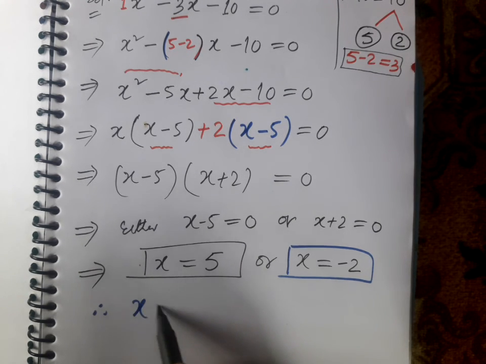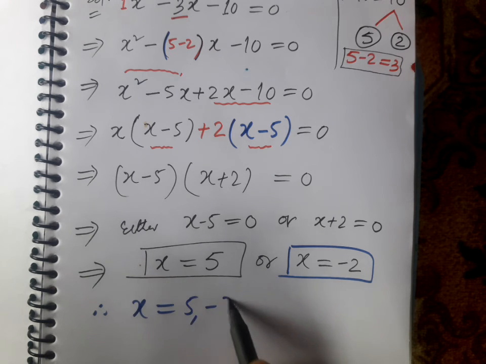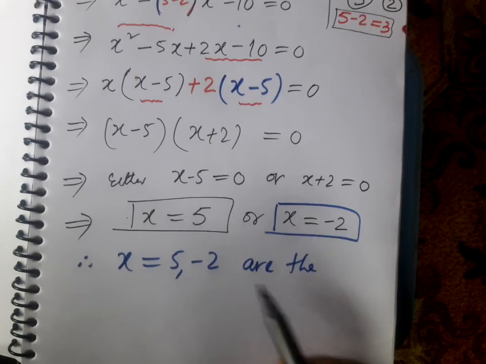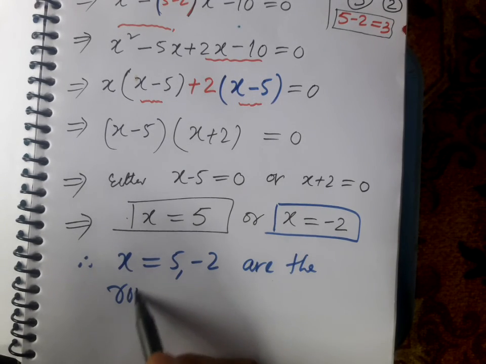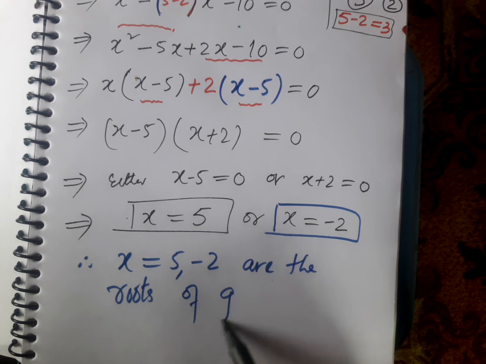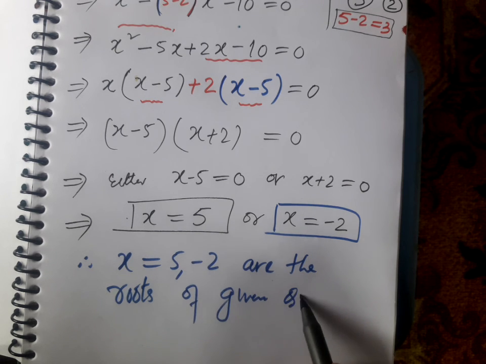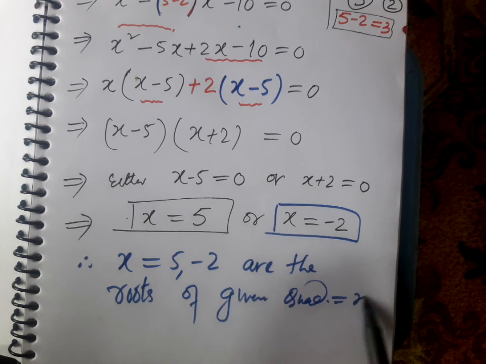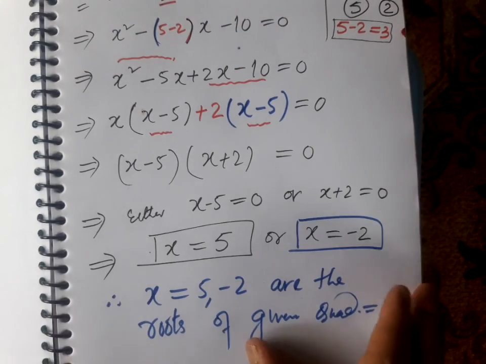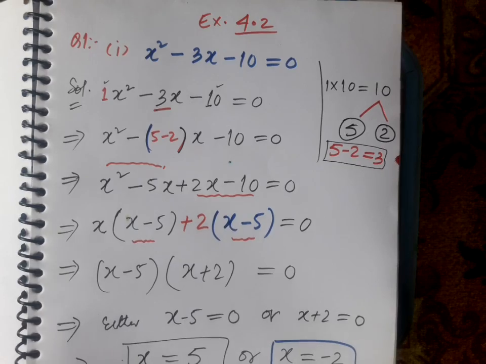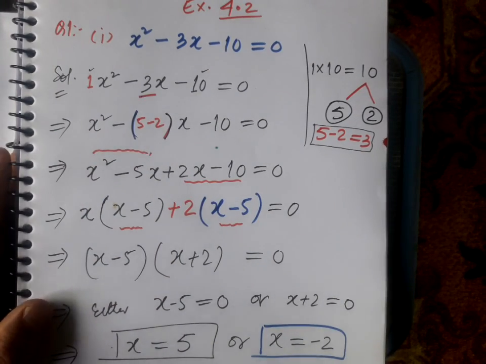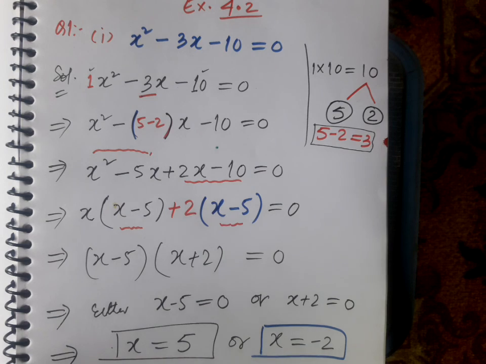Therefore x equal to 5 and minus 2 are the roots of the given quadratic equation. In this way we can find the roots of a quadratic equation by the method of factorization.